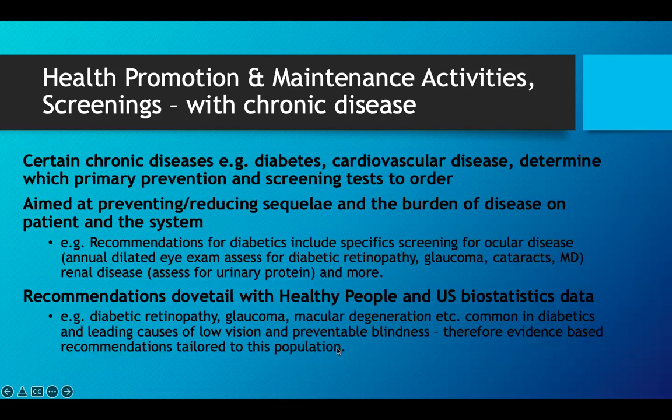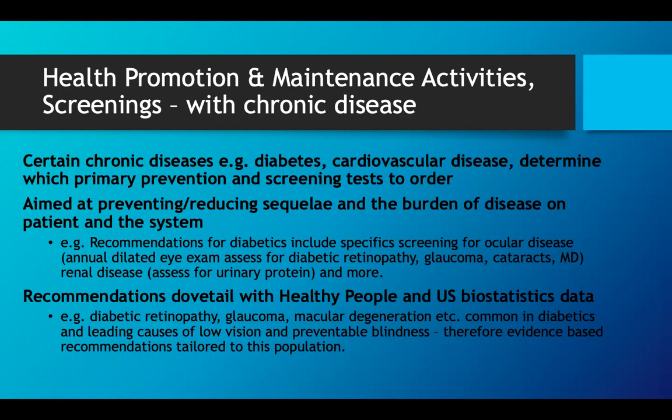Certain chronic diseases like diabetes and cardiovascular disease determine which primary prevention and screening tests to order. These screening tests are aimed at preventing and reducing the burden of disease on the patient and the system. For example, recommendations for diabetics include specific screening for ocular disease. We all know we want our diabetics going to the ophthalmologist as well as the podiatrist, right?